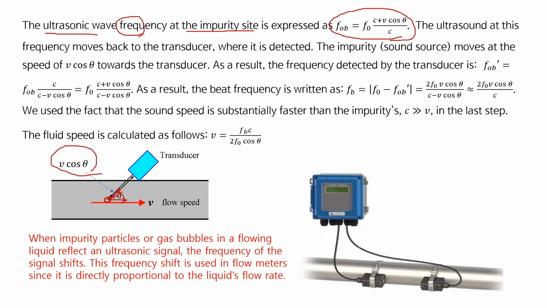So the observer is moving toward the transducer, so we have to add v cosine theta here in the denominator.